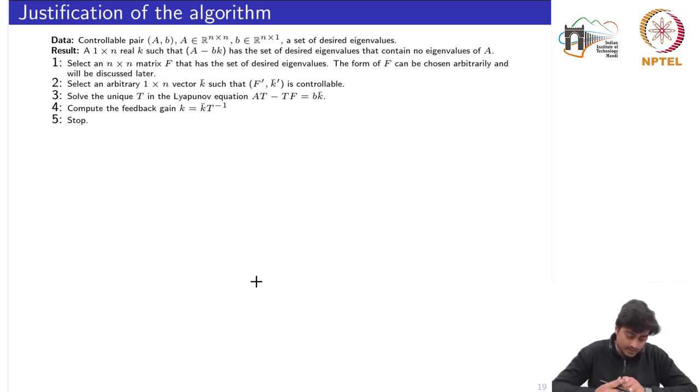Here we will see the justification of all these 4 steps, so that we can ensure that once we plug in this state feedback vector k, we would obtain the closed loop as this one, which would contain all the set of desired eigenvalues that contains no eigenvalues of A.